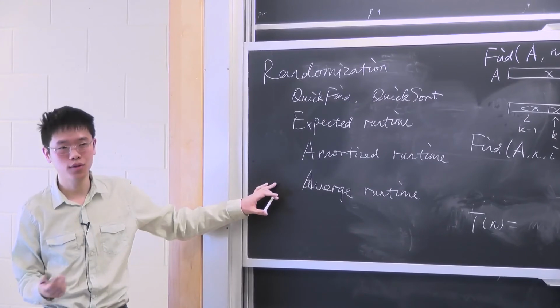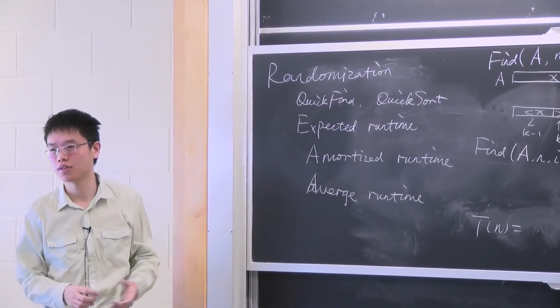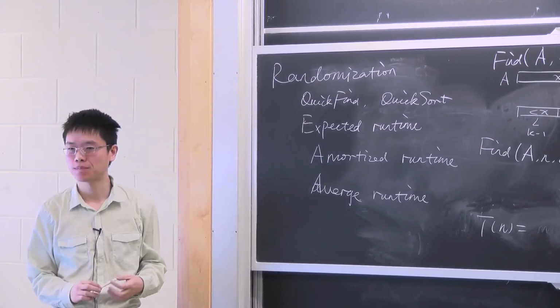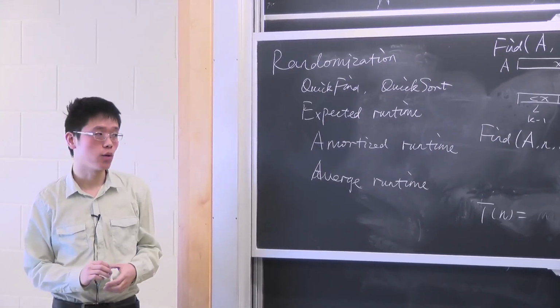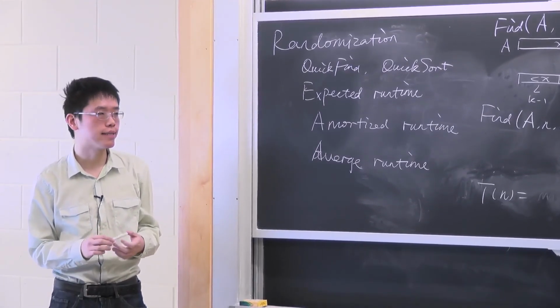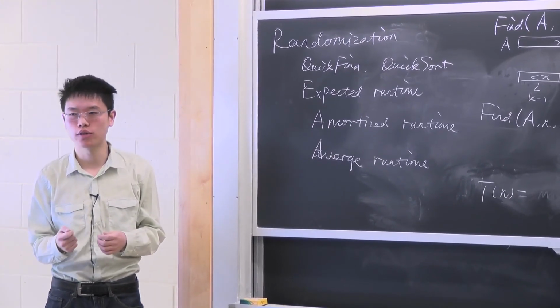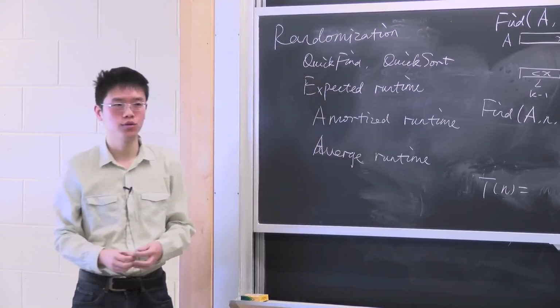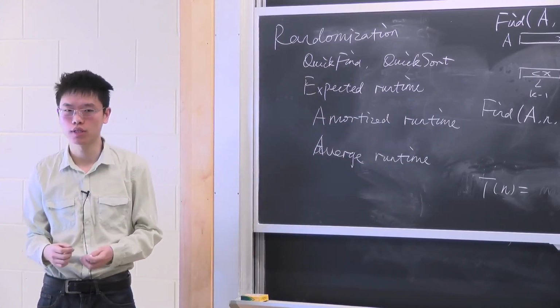But in algorithm analysis, we do mean slightly different things with these terms. The difference is that we are averaging over different things. If we say average runtime, we usually mean taking the average over input.